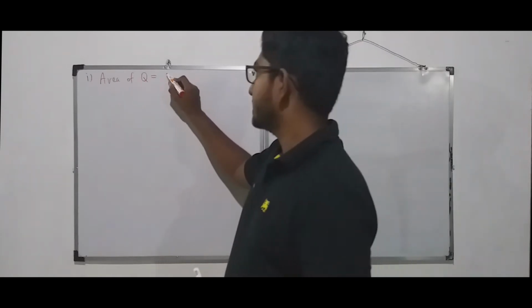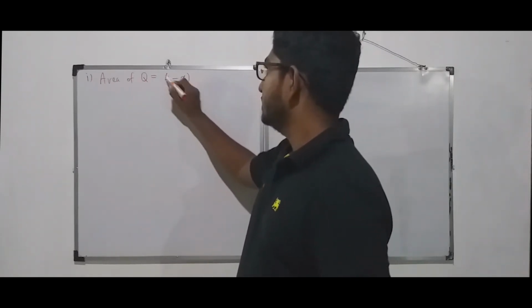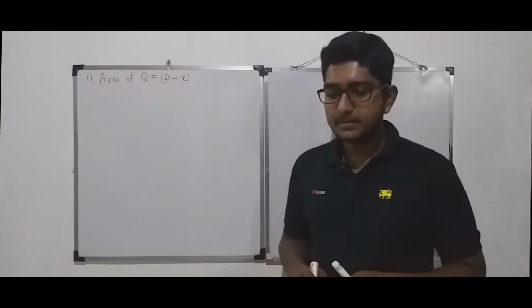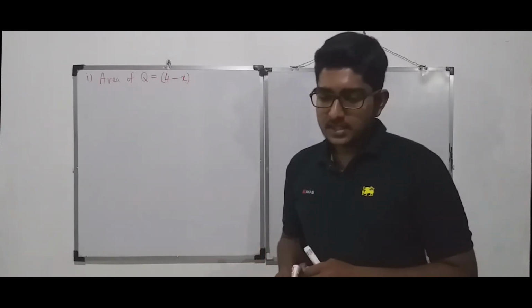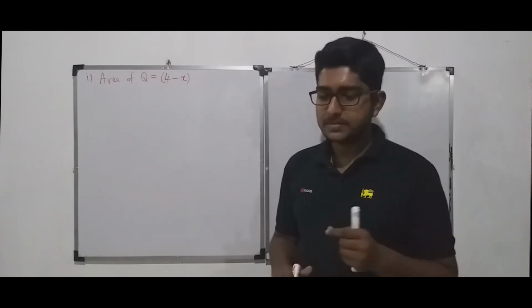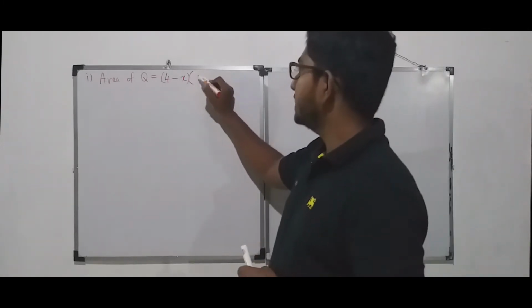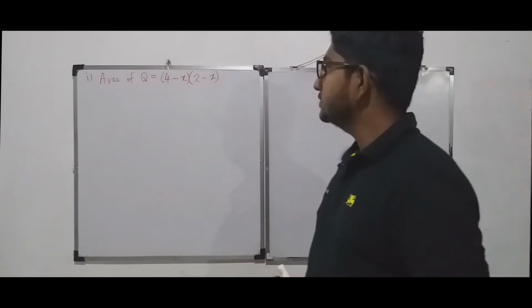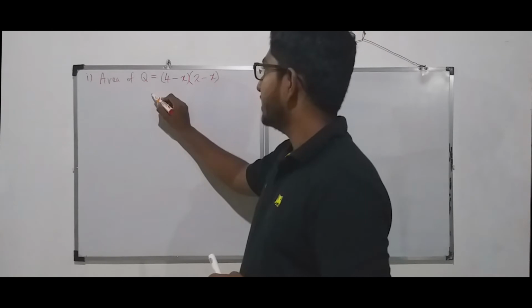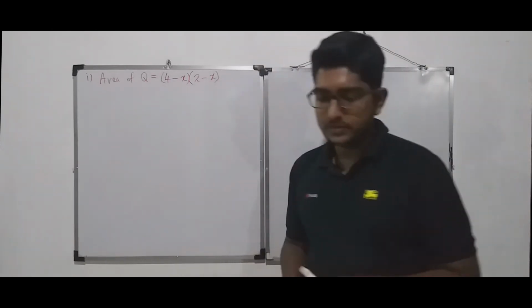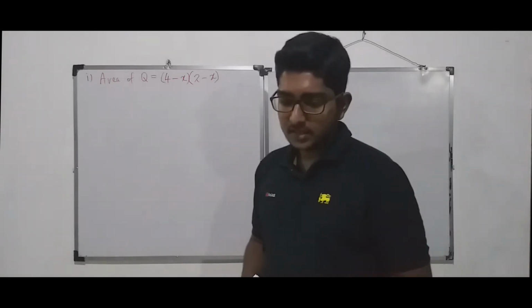So we have to subtract x from 4. Similarly, we can take the breadth. Entire breadth of the metal sheet is 2. Breadth of that section P is x. So we have to subtract x from 2 to obtain the breadth of part Q. So when we simplify this, we can get an expression for Q. So this is enough for the answer of Roman number 1.